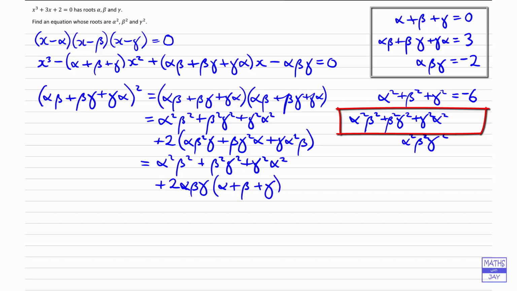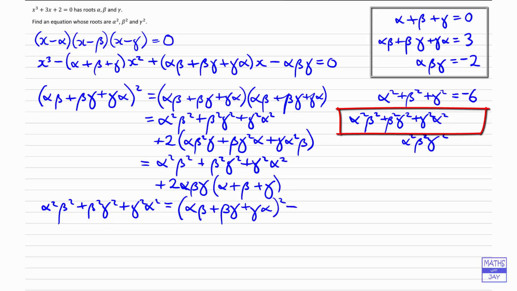And then we're ready to write down what we want on the left hand side. In other words, we're trying to find alpha squared beta squared plus beta squared gamma squared plus gamma squared alpha squared. So that's equal to alpha beta plus beta gamma plus gamma alpha all squared minus 2 alpha beta gamma times alpha plus beta plus gamma.